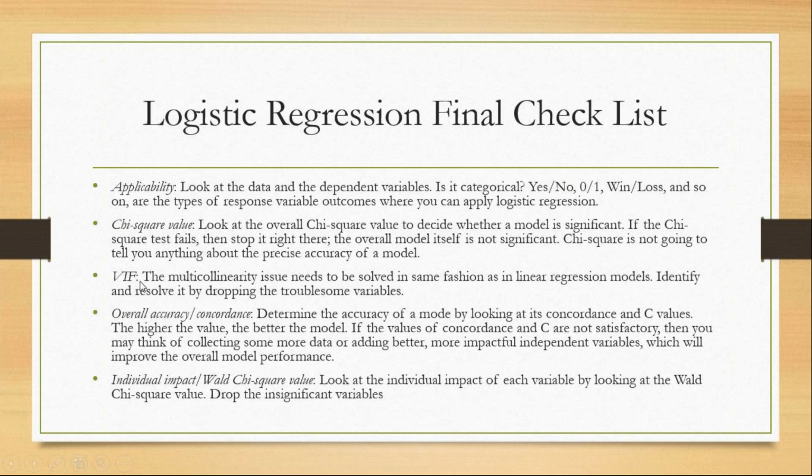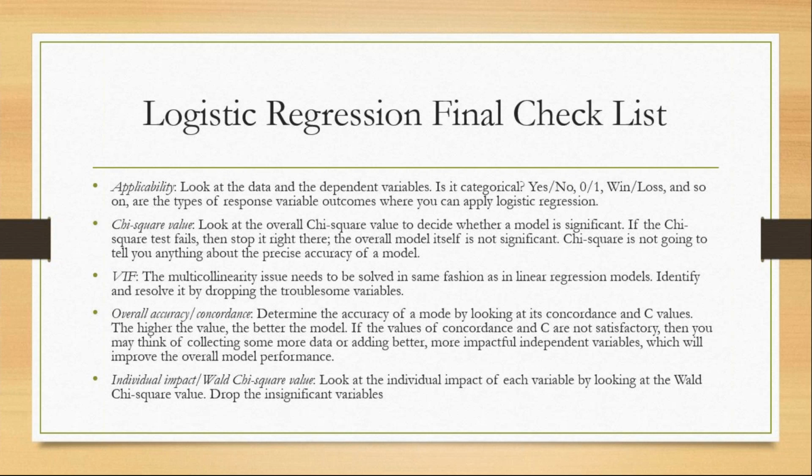We should make all attempts to remove multicollinearity so that the impact of the same variable doesn't keep getting added up and your model doesn't become overburdened by the same variable. We also need to see the overall accuracy, which will help us determine whether we should move forward with the model or not.